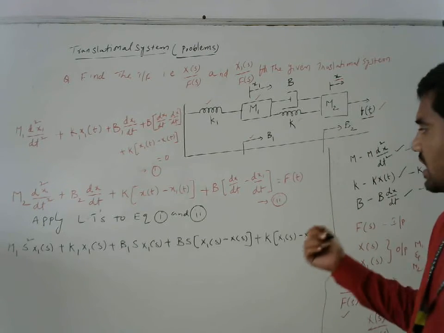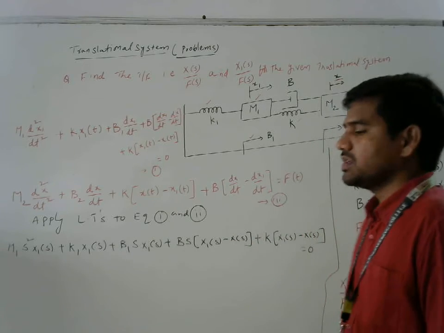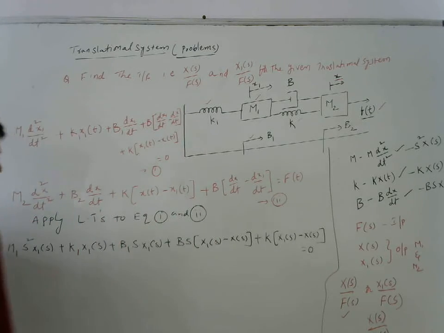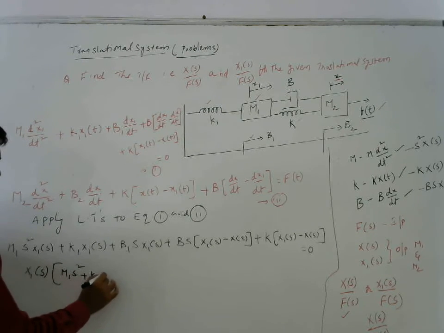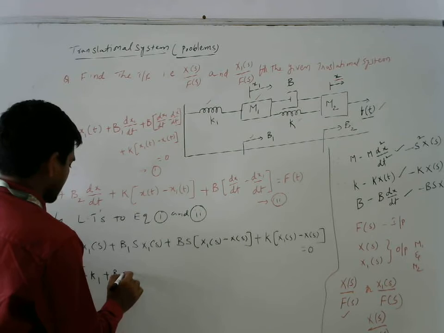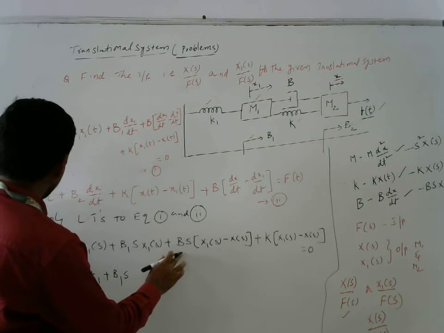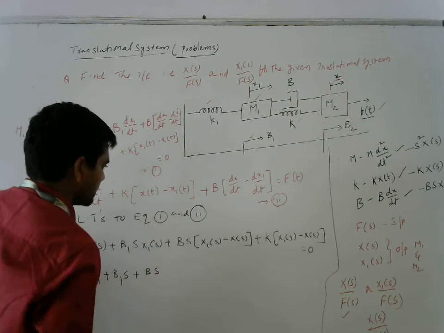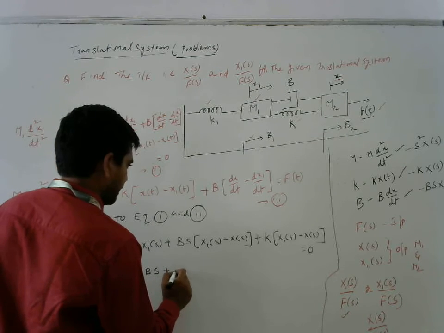Before writing the Laplace transform of the second equation, I am going to simplify this equation. How are we going to simplify? Just take x1 of s common. For example, I am taking x1 of s common. What are we having? m1 s square plus k1 plus b1 s, b1 s also is there, and next plus bs plus k.